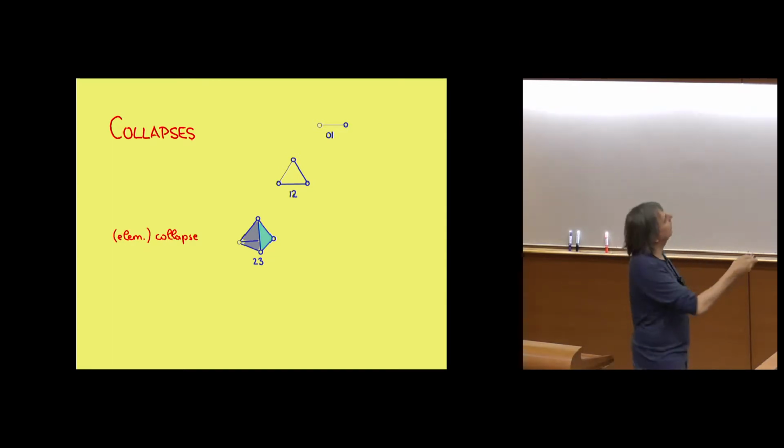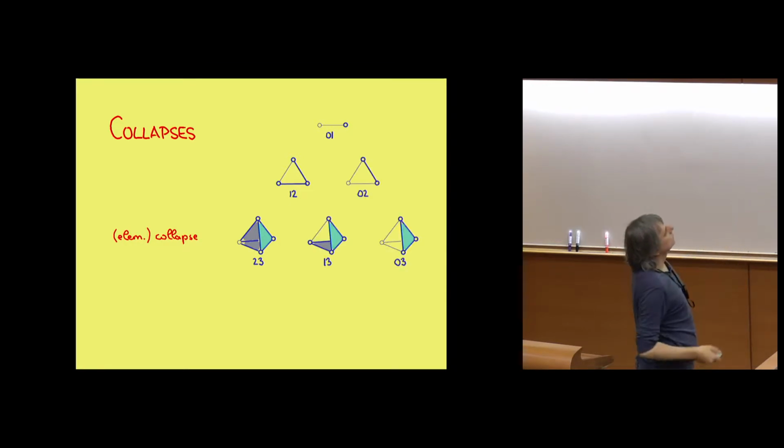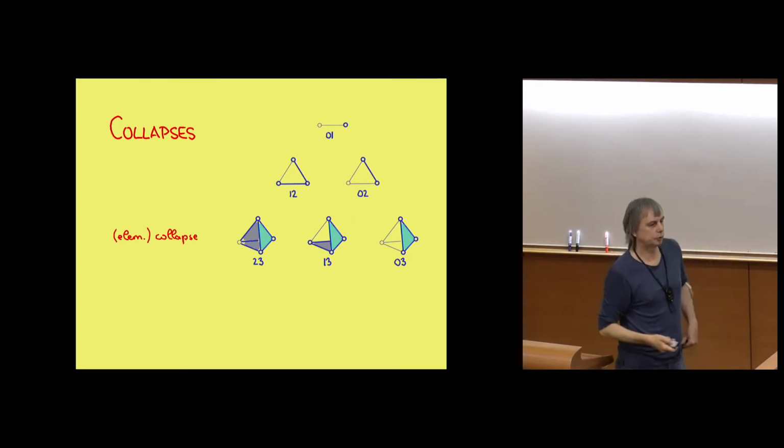But I can also combine them. In a 0-1, for example, I could follow up with a 1-2, or in a 1-2, I follow up with a 0-1, where I could remove another edge. Then I call this a 0-2 collapse. A vertex, two edges, and a triangle disappear, just pushing it flat.